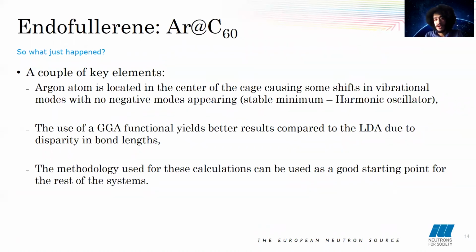And also the fact that using a GGA functional yields a much better result compared to an LDA one due to the disparity in bond lengths. And that this methodology used for the calculations for argon inside C60 can be used as a good starting point for the two other systems, notably helium inside C60 and neon inside C60.